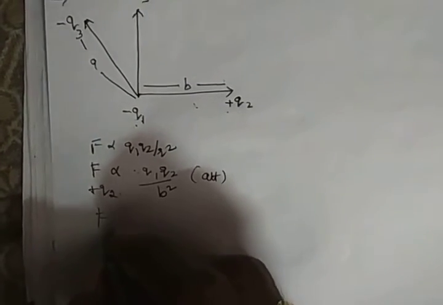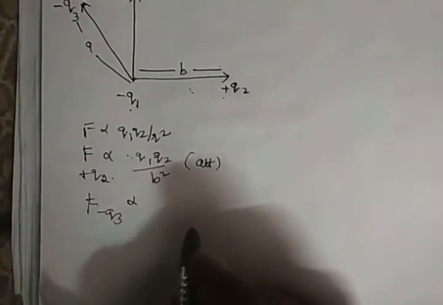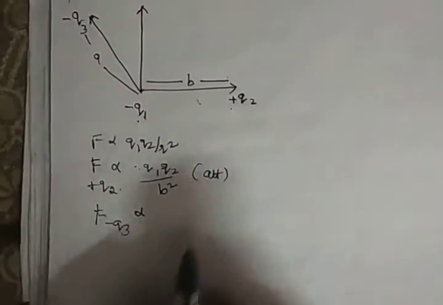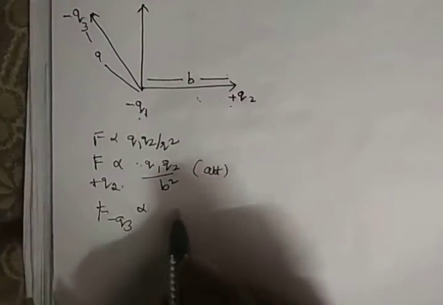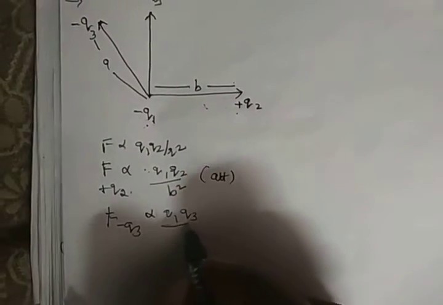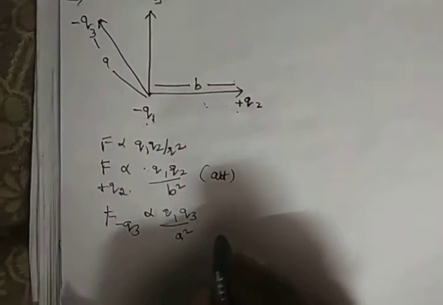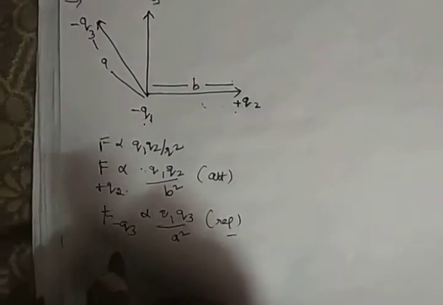Now the force on minus Q3 is proportional to how much? Force on minus Q3 between minus Q1 and minus Q3 means Q1 Q3 by a square. What happens between these two? Repulsion will be present.